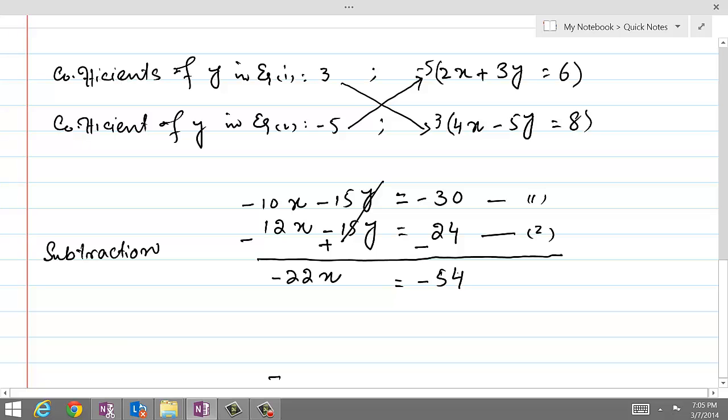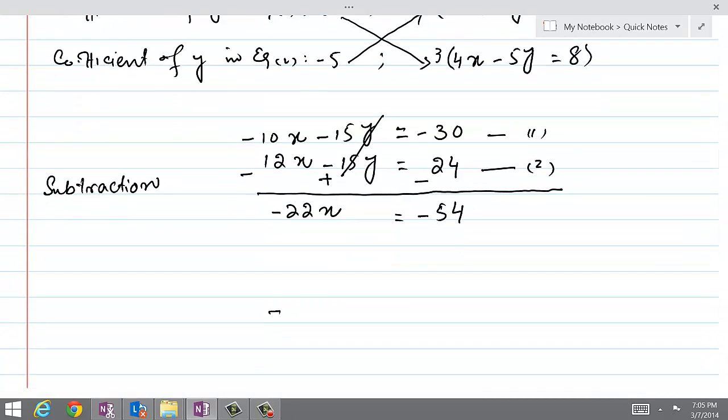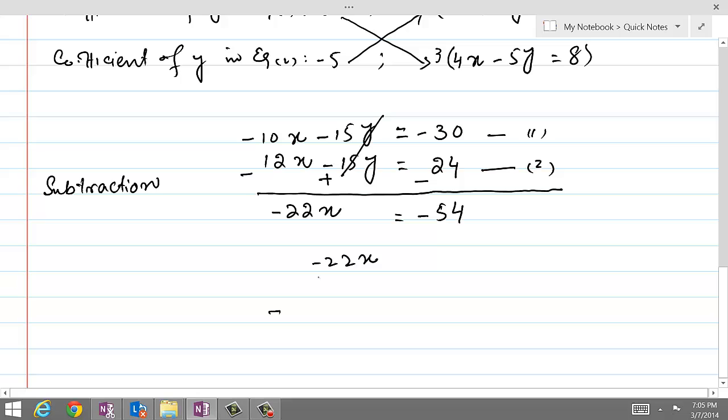Now we are going to divide by minus 22 on both sides so that we can get the value for x. Minus 22x divided by minus 22 is equal to minus 54 divided by minus 22, and what this will give us is x equal to 54 over 22.